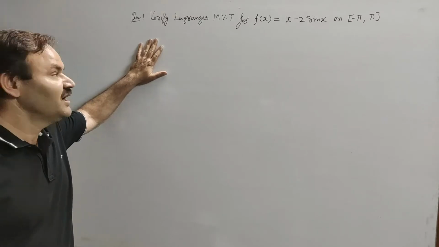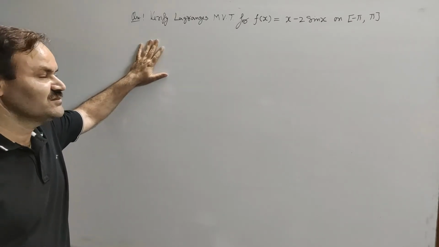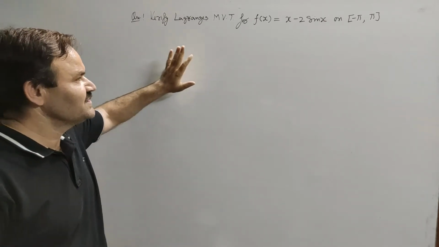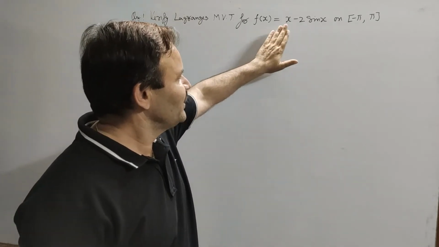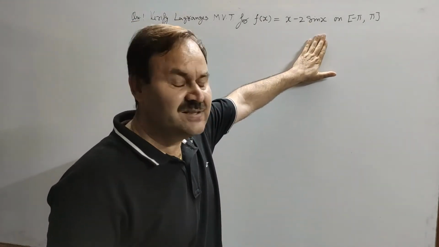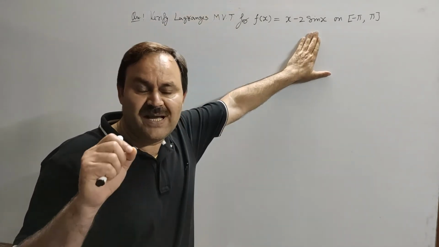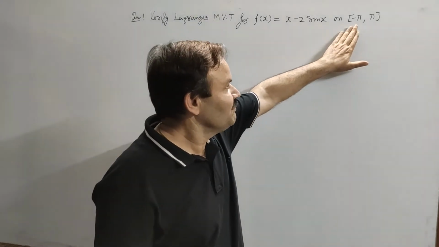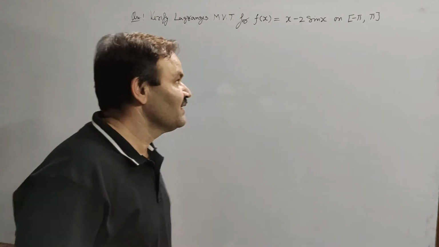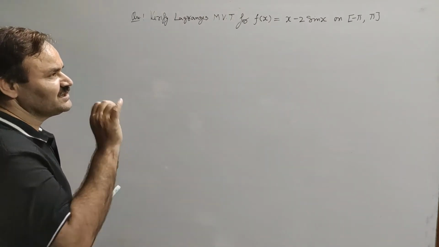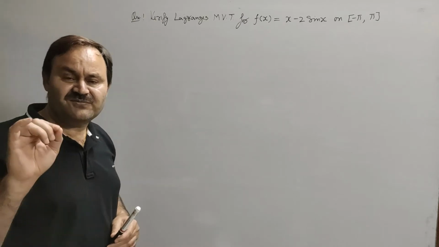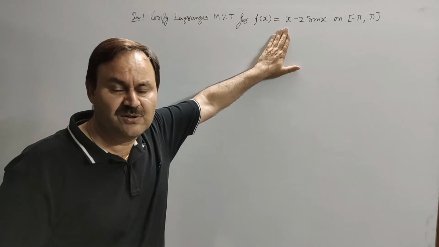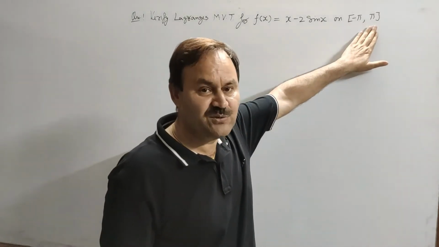Now we will understand how we will verify Lagrange's theorem for a given function on a given interval. So this time the function given is f(x) = x minus 2 sin x, and we have to verify Lagrange's mean value theorem for this function on the interval minus pi to pi. To verify Lagrange's theorem, first we will check whether this function is continuous or not on the closed interval [-pi, pi].